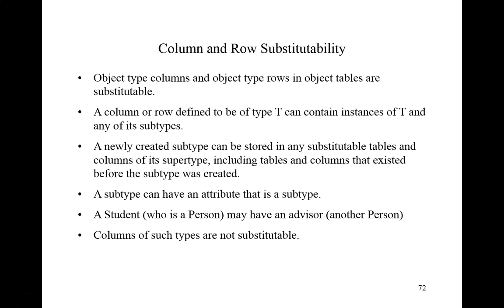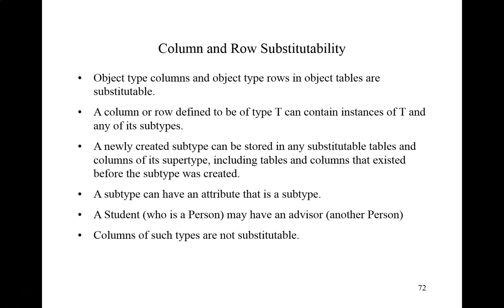Object type columns and object type rows in object tables are substitutable. A column or row defined to be of some type T can contain instances of T or any of its subtypes. A newly created subtype can be stored in any substitutable tables and columns of its supertype, including tables and columns that existed prior to the subtype being created.